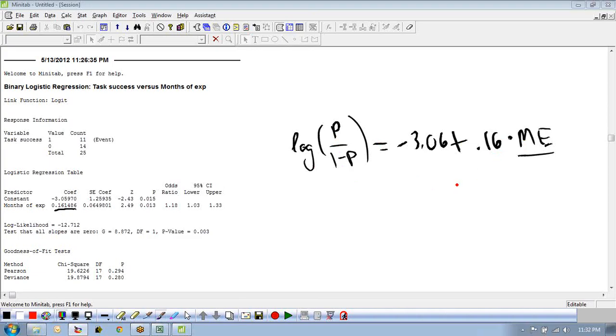That's what it means. So I plug in the value of ME, and I get out the value of the log of p over 1 minus p. We'll unravel how to change this into a probability that the task is successful in just a moment, but I wanted to show you what this equation was.